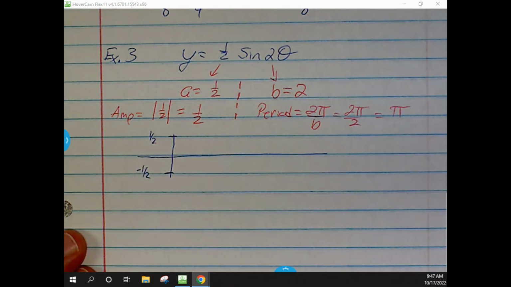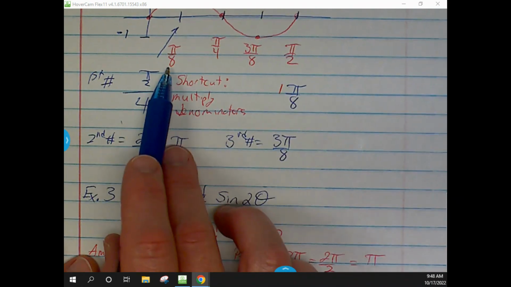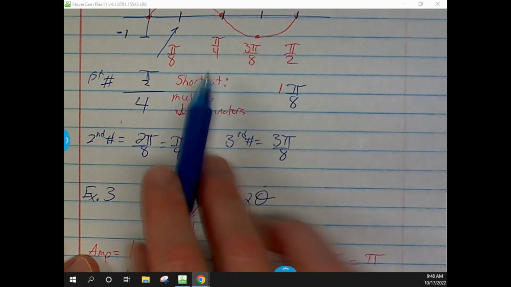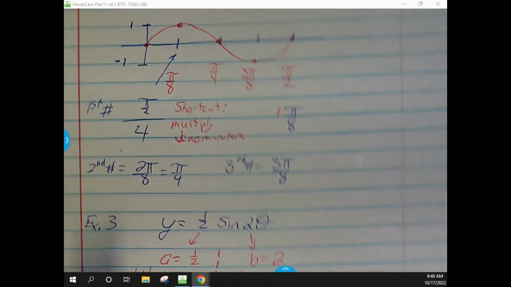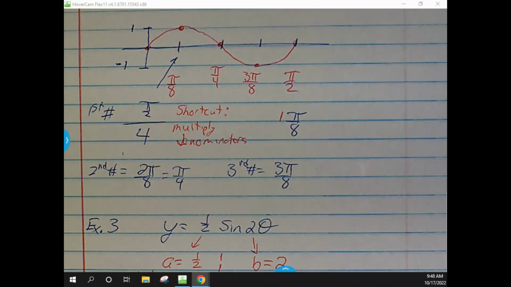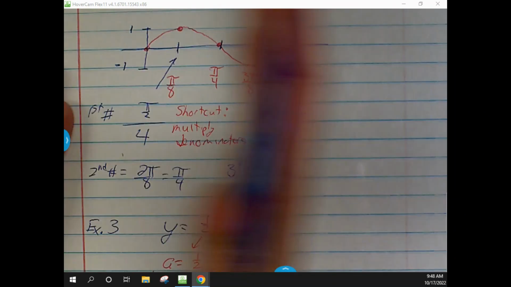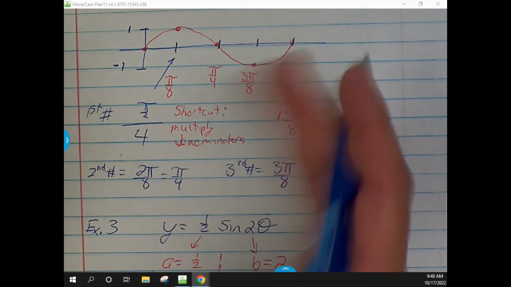Okay. Now, the hard part that's going to be in the homework when you're doing these, because these are going to be multiple choice, is that they're not going to mark these values like we did, where we put pi over 8, pi over 4, 3 pi over 8, pi over 2. They're going to give you just different numbers set up for these parts, and you've got to figure out what those numbers are, because this may go from 0 to 1, or maybe from 0 to 2, and it's going to stop somewhere in between.